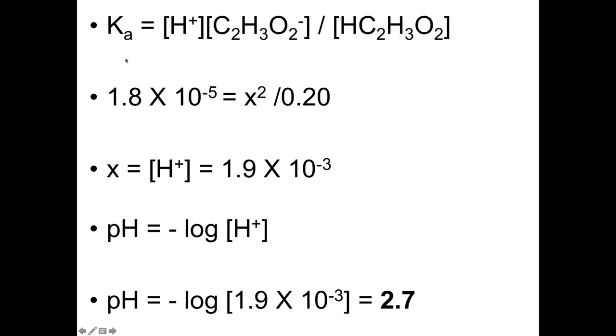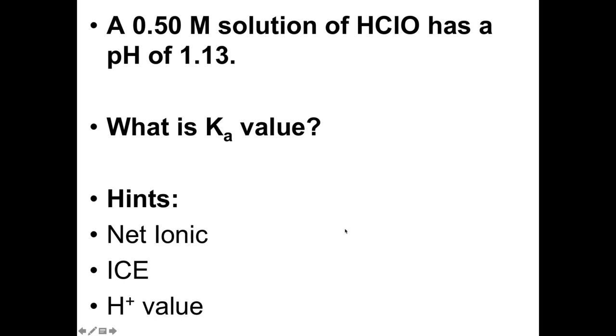Ka will be H plus multiplied by C2H3O2 minus divided by HC2H3O2. You'll get 1.8 times 10 to the negative fifth equals x squared divided by 0.20. When you manipulate that all through, x will equal 1.9 times 10 to the negative third. Negative log of 1.9 times 10 to the negative third is 2.7.